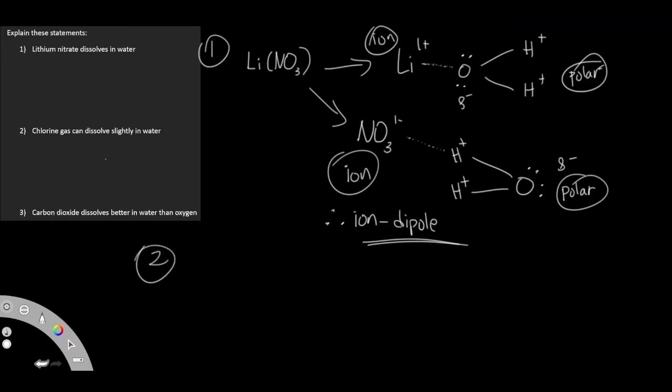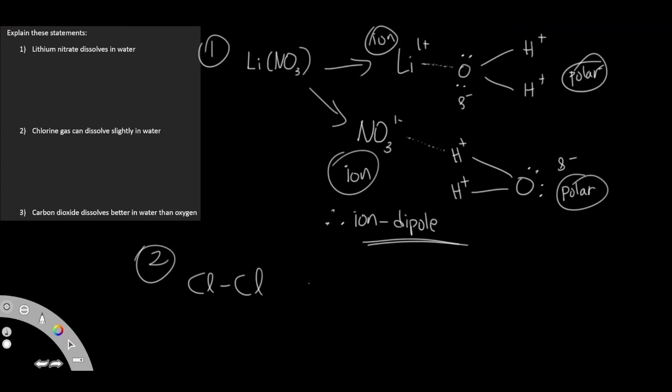If we look at number 2, so this was number 1. If we look at number 2, we have chlorine gas that can dissolve slightly in water. And they are exhibiting a pull, a tug of war between one another, but one side is not more positively charged or more negatively charged. There is an equal distribution.